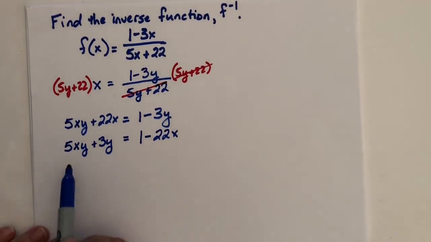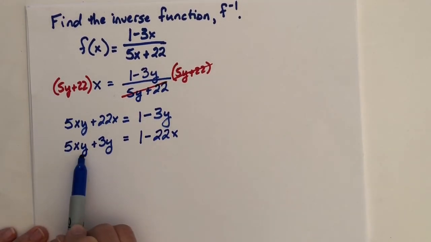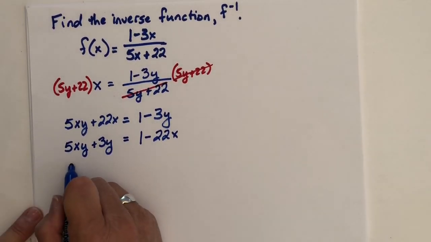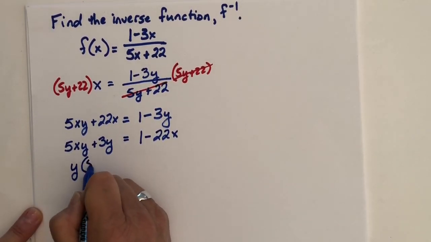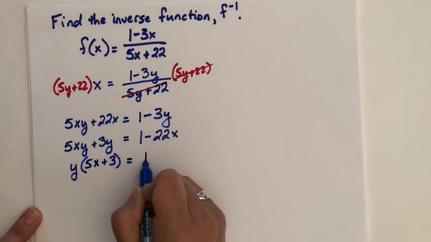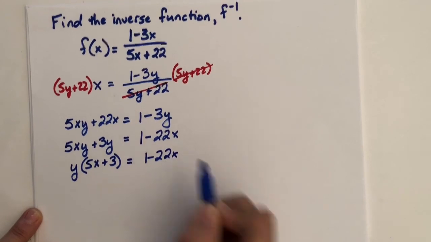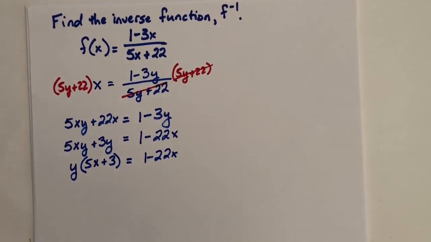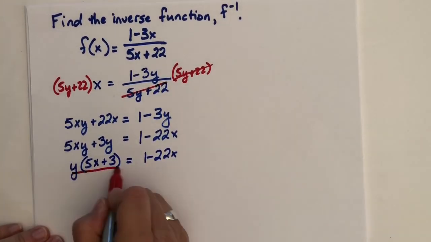And sometimes this is where people forget what to do. There is a common factor of y. This is the key. Factor out that y, and we have y times 5x plus 3 equals 1 minus 22x. And now we can divide by 5x plus 3.